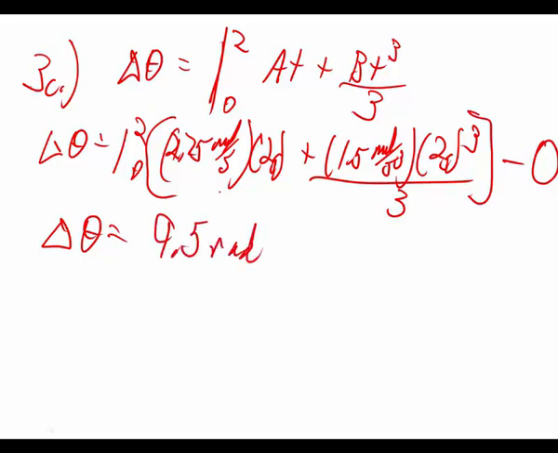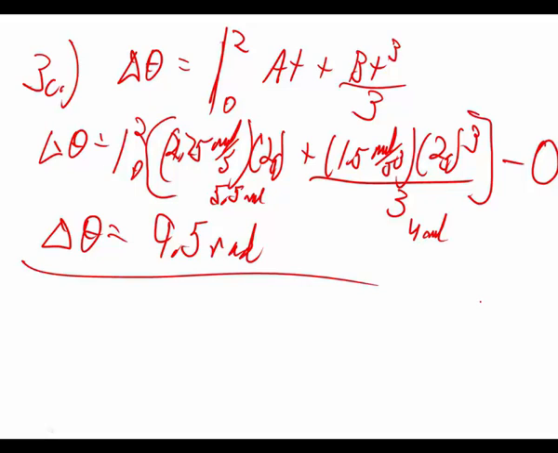Everybody get that? This part right here when you do the calculation is 5.5 radians, and this part right here is 4 radians. And don't forget, you don't put your calculator in radian mode because we're not doing sine and cosine. Next semester we will. That was easy, wasn't it? Easy integration.